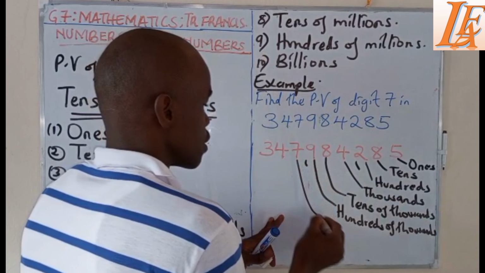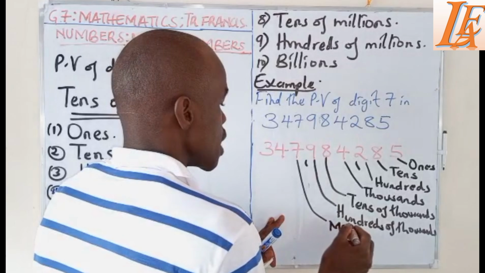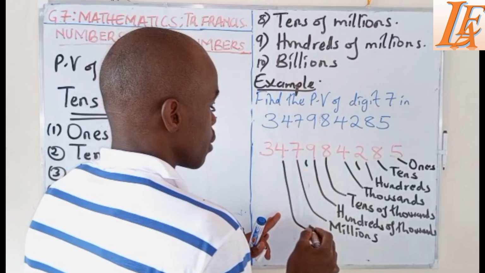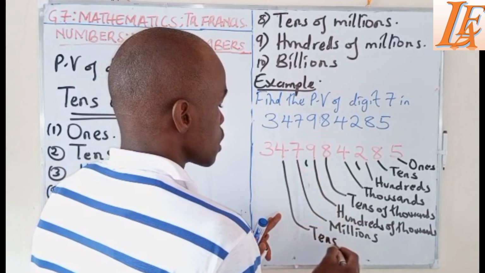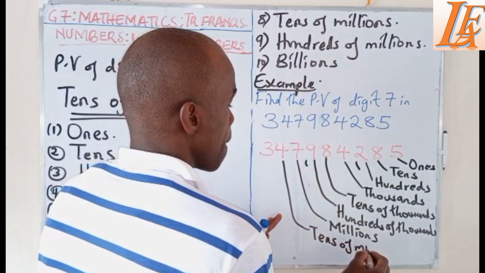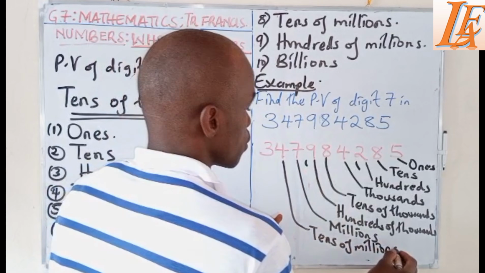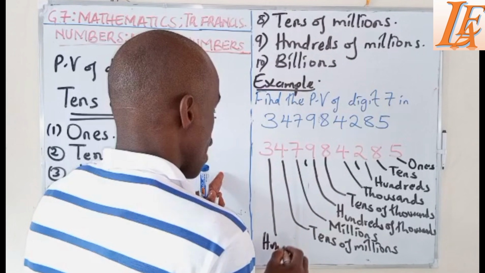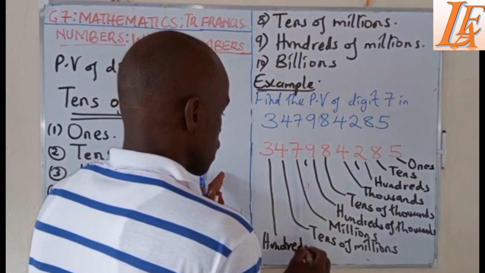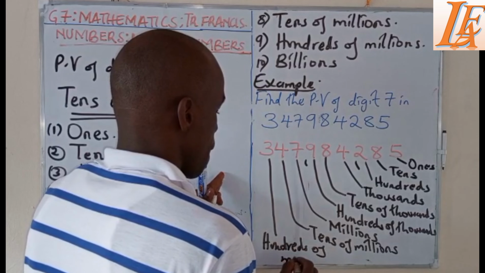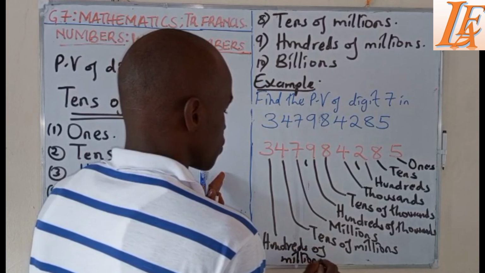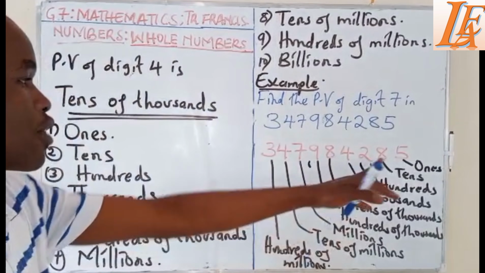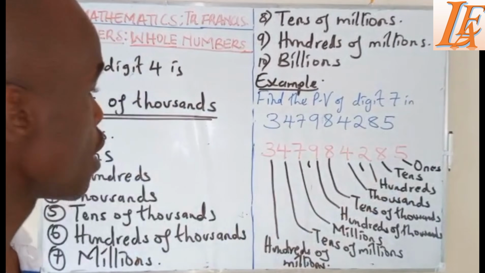Then 7 is in the place value of millions. 4 is in the place value of tens of millions. Then 3 is in the place value of hundreds of millions. Therefore, we have listed the place values of all the digits in this given number.